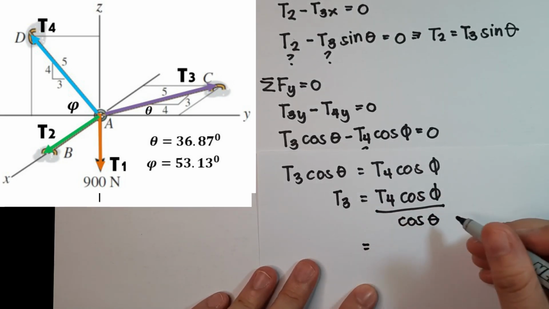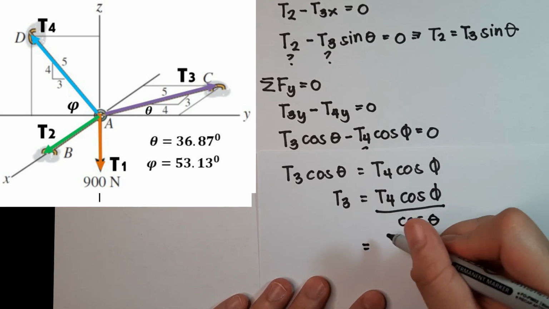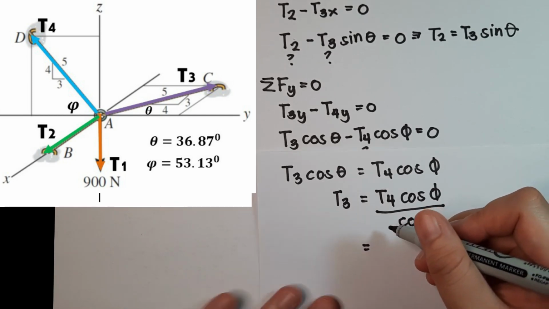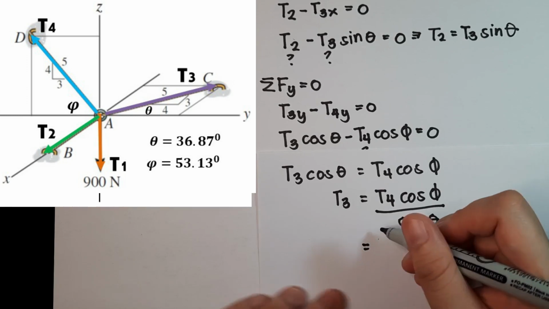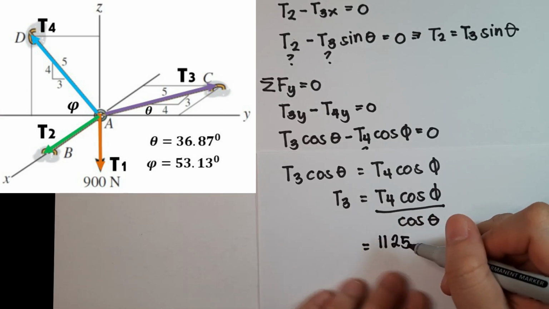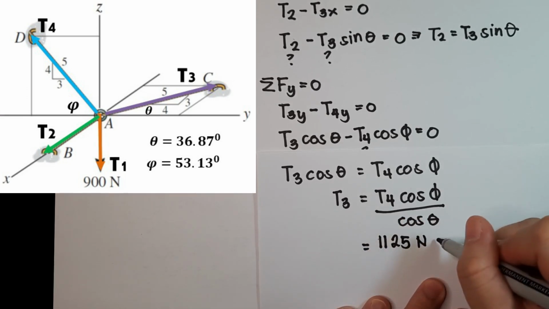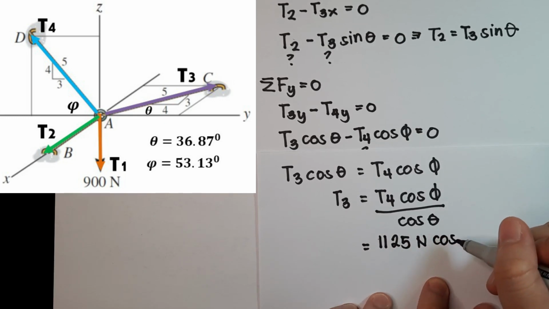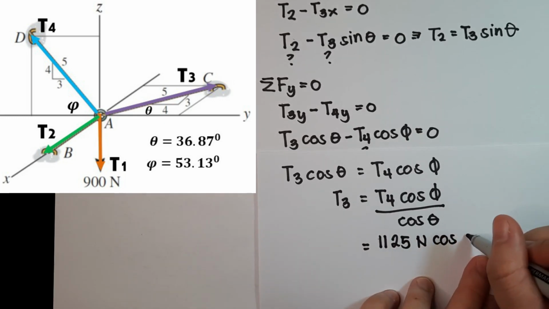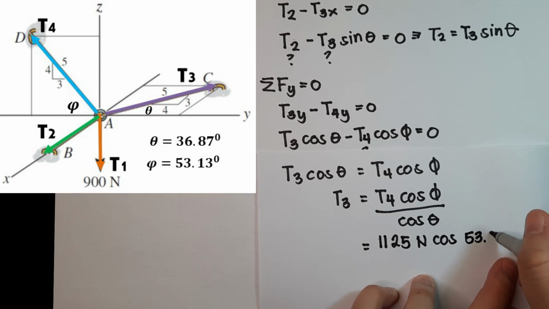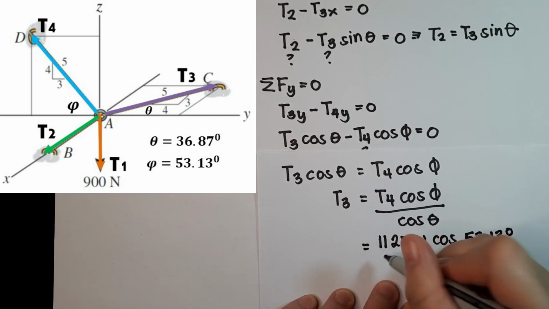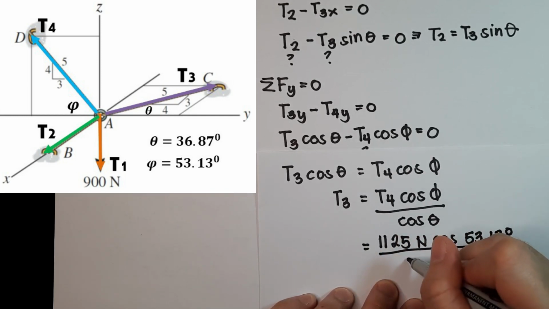And let's substitute now the given. So the given are T4, based on our solution answer for T4, that is 1,125 Newton, cosine phi, that is 53.13 degrees, divided by cosine theta.